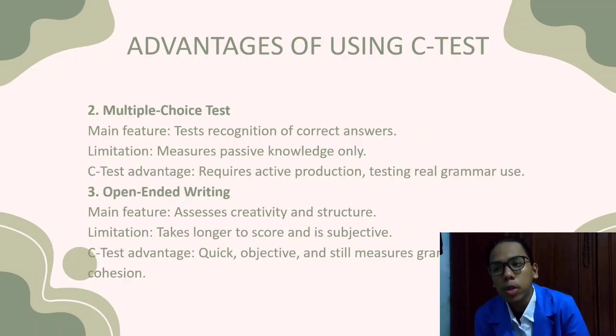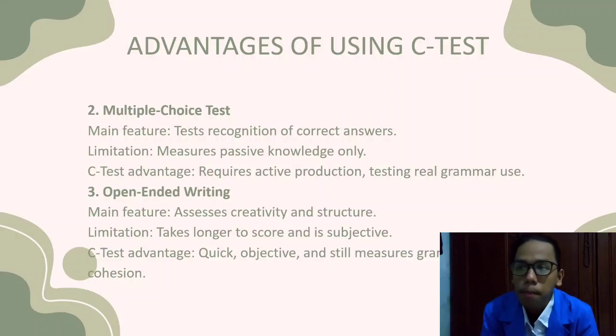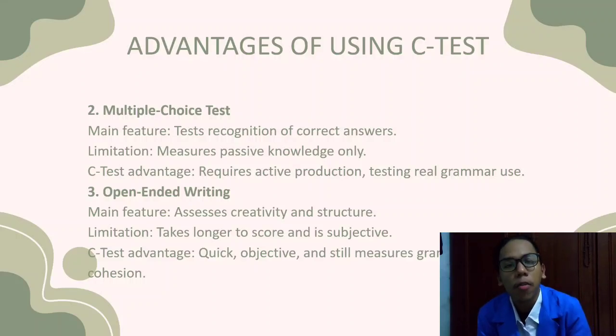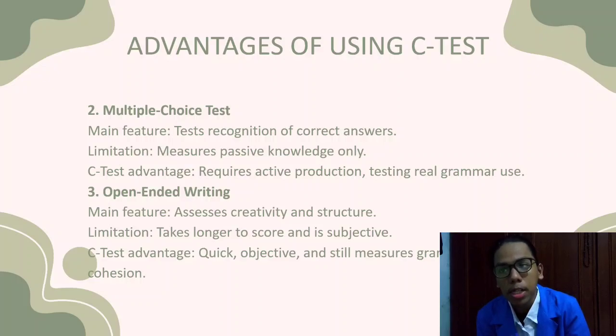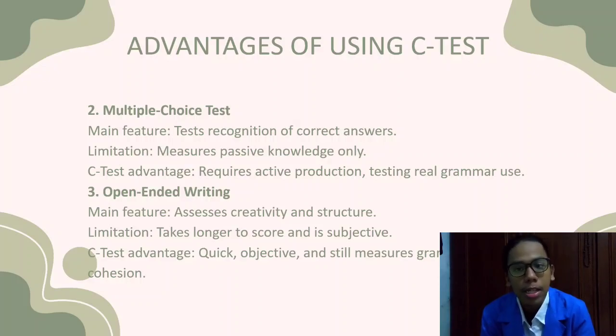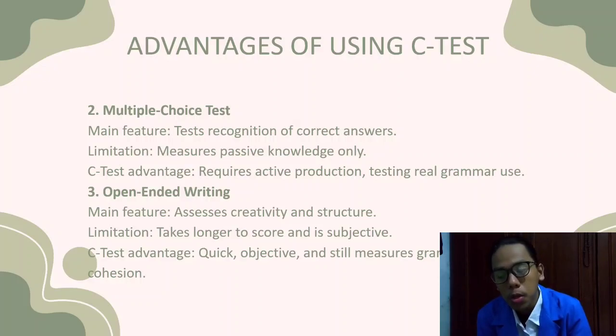And then there is the multiple choice test. Compared to the C-test, the multiple choice test's main feature is that it tests recognition of correct answers. The limitation is that it measures passive knowledge only, while the C-test requires active production, testing real grammar use.